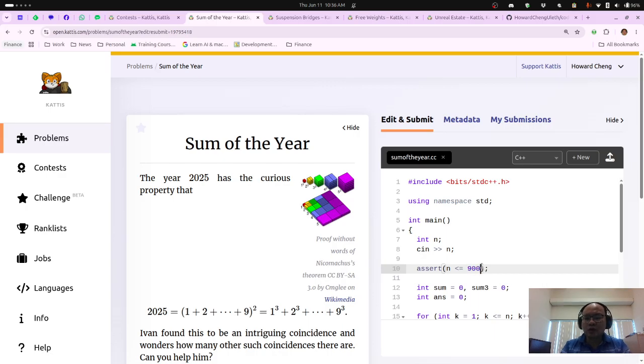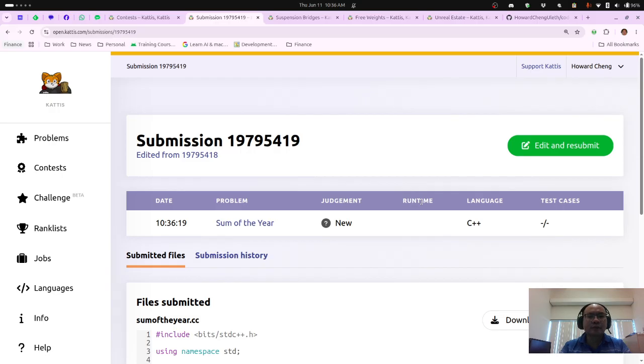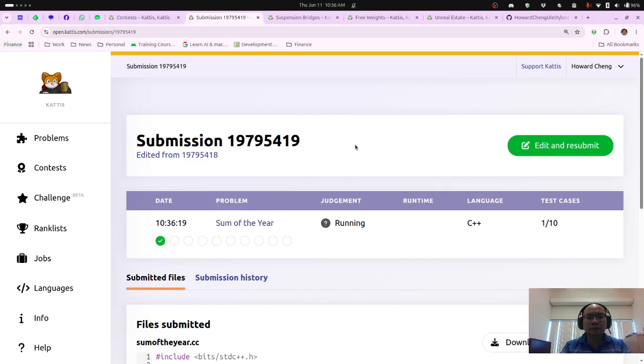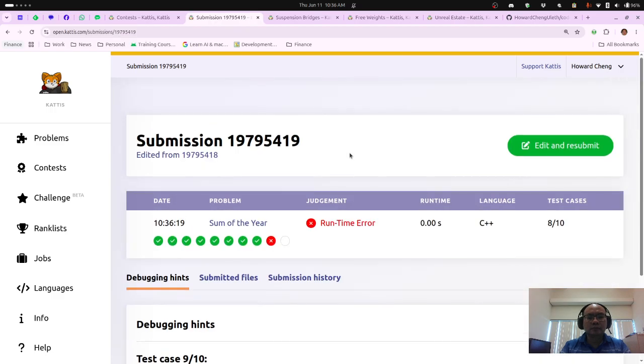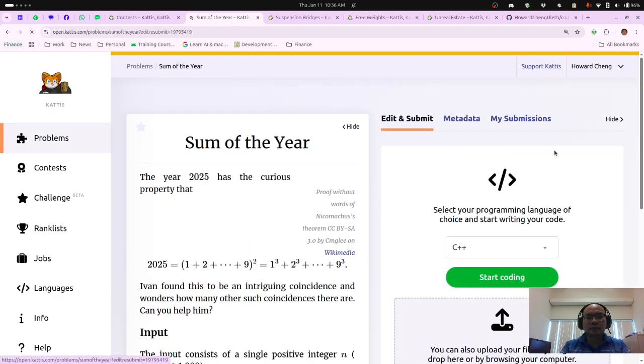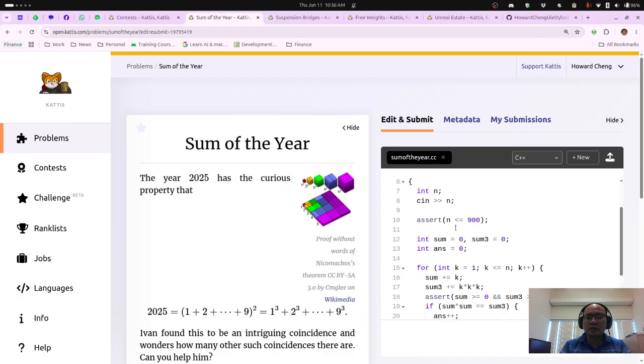Okay, maybe not quite binary search, but let's just do that. Hmm. Okay, let's do something.